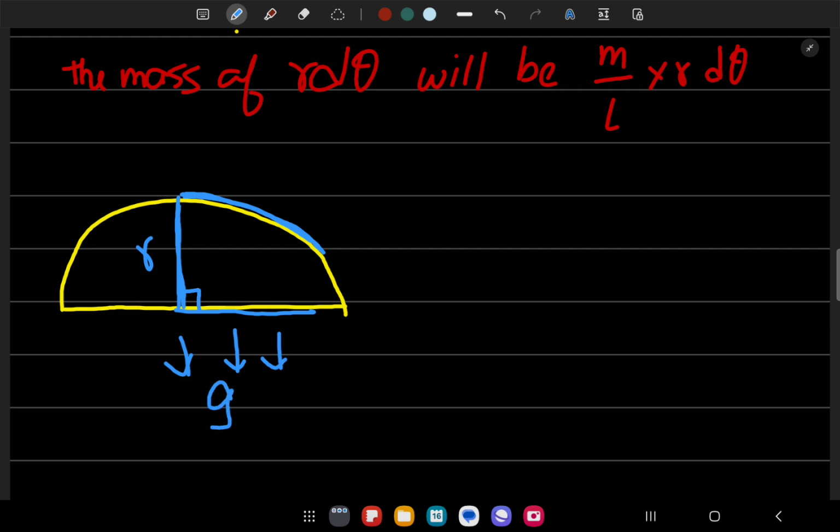At one point, so as not to congest the diagram, g is acting. When we join these two points, we get an angle theta. This will also be theta by alternate interior angles. So the component of g along this will be g sine theta.